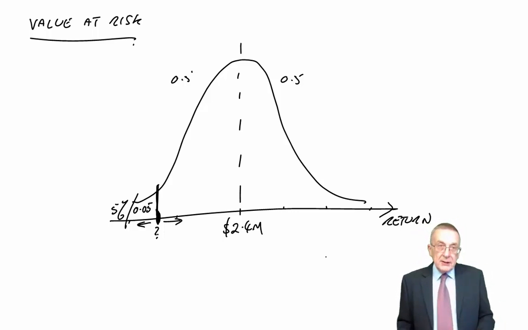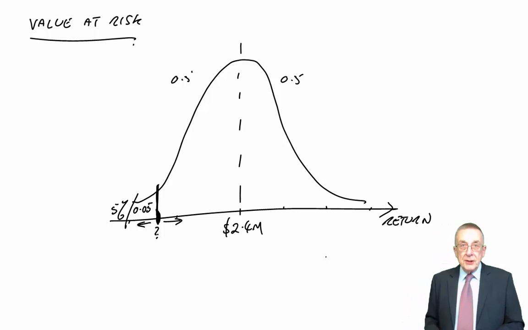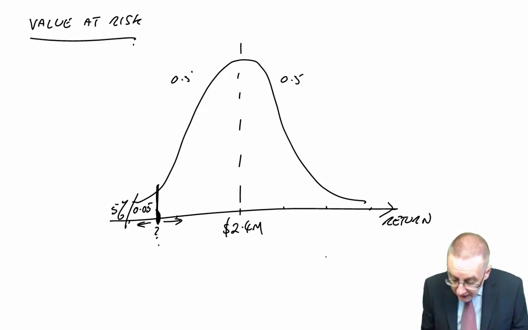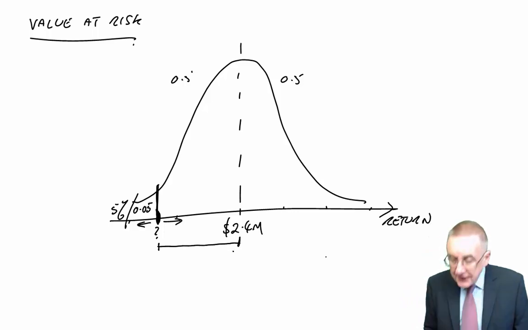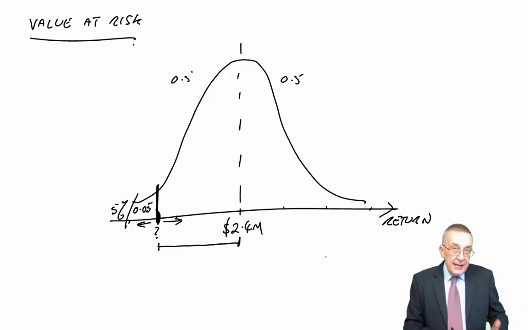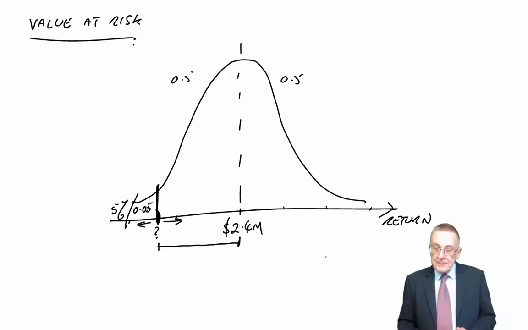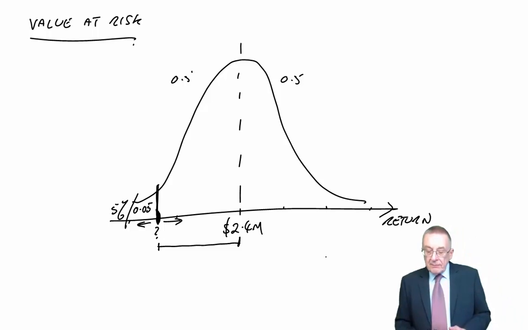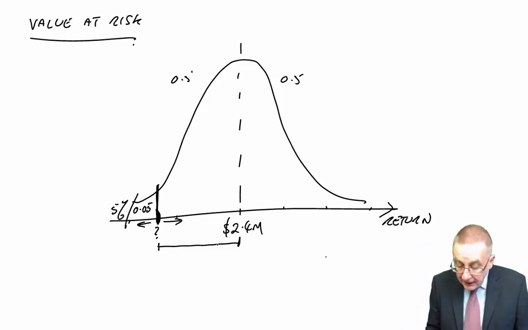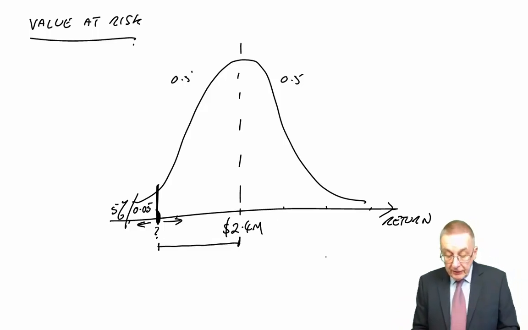And we are able to do it because with a normal distribution, what we're able to work out is how many standard deviations that distance is, the distance between the average of 2.4 million and this limit that we're after. We know what the probability is of being between the average and the limit.